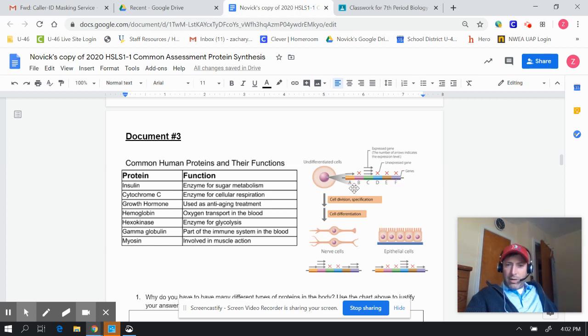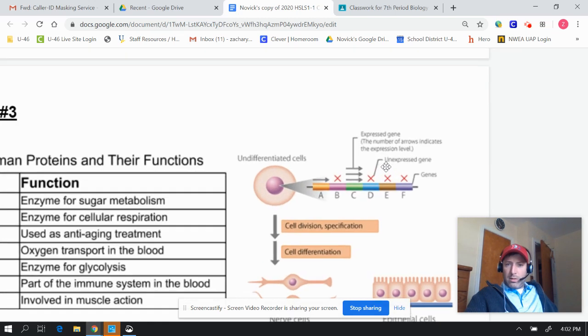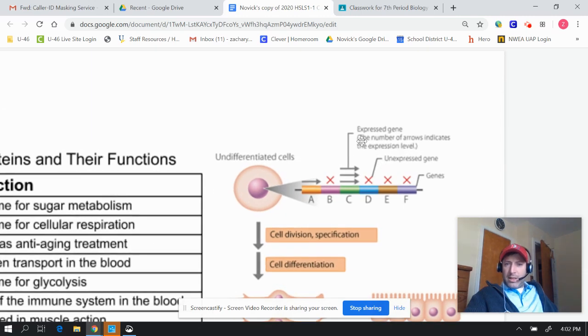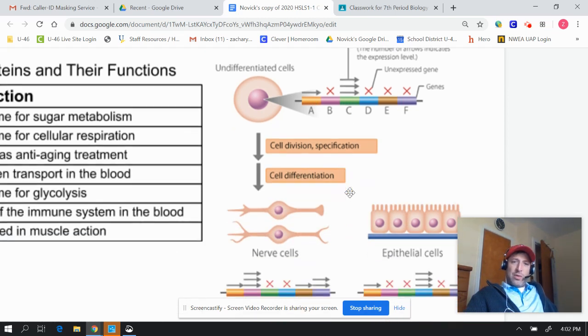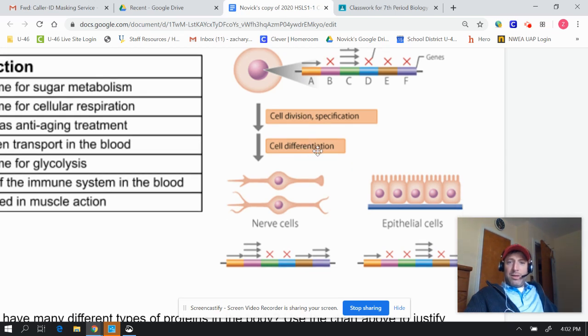And then in this diagram, you see the words undifferentiated cells. It says expressed gene. The number of arrows indicates the expression level. The arrows are directing down. Cell division, specification, cell differentiation, nerve cells, epithelial cells.